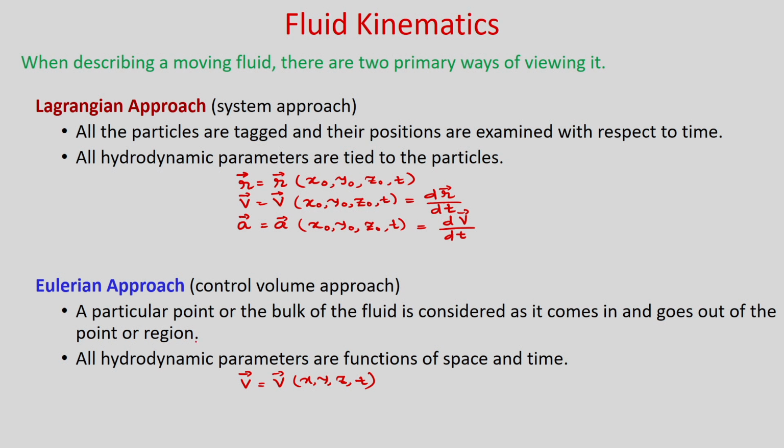When we discuss the system approach and control volume approach, the Lagrangian approach is equivalent to the system approach, where you have a fixed mass or fixed particles and you are tracking each particle, and the Eulerian approach is a control volume approach. So, you are focused on a particular region and you are tracking what is coming in and going out.